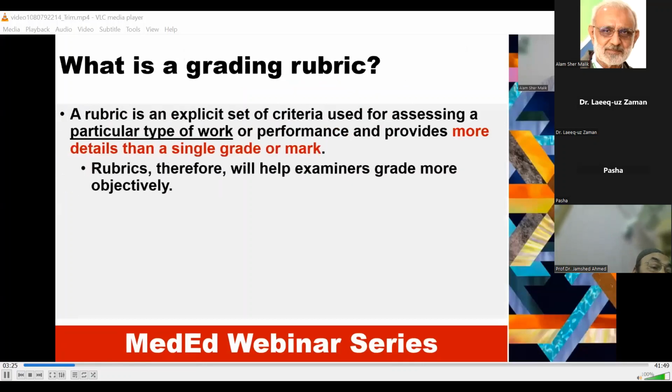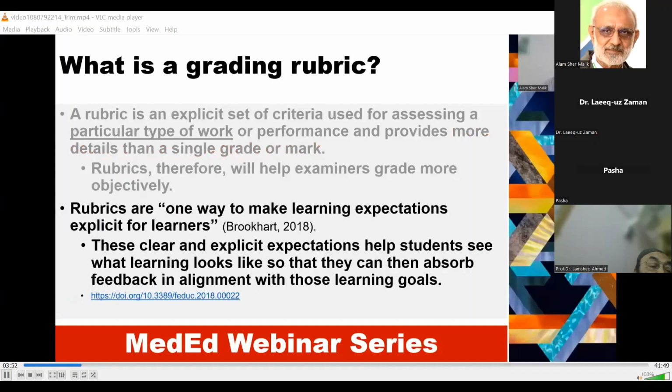A rubric is an explicit set of criteria used for assessing a particular type of work or performance and provides more details than a single grade or a mark. Therefore, rubrics will help examiners grade more objectively as it provides more details in every particular specific area. Rubrics are one way to make learning expectations explicit for learners.